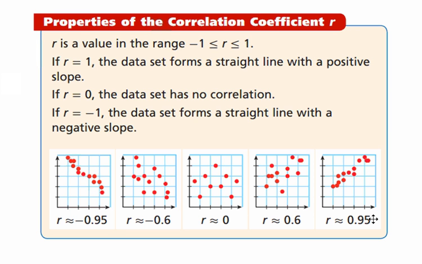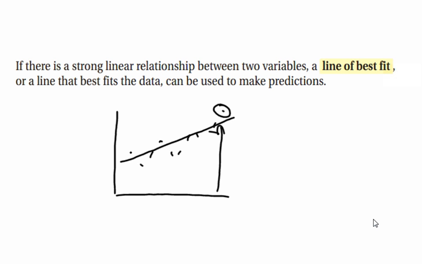When you do that line of best fit, or when you calculate it, you get this thing called an R value. Now, R is within a range, as you can see here, between -1 and 1. That's the range of that data. If it's 1, that means all of the points are on the straight line. So if we go back to the last example, I had things that were pretty close, but they weren't exactly on the line.